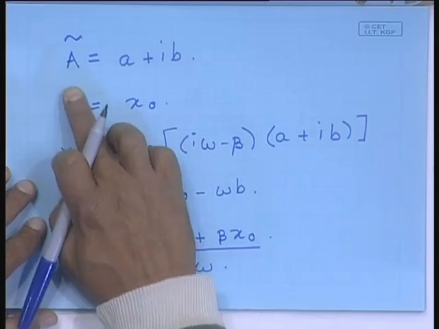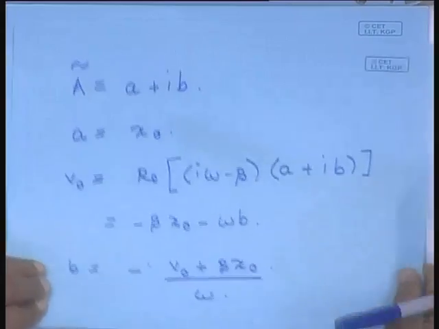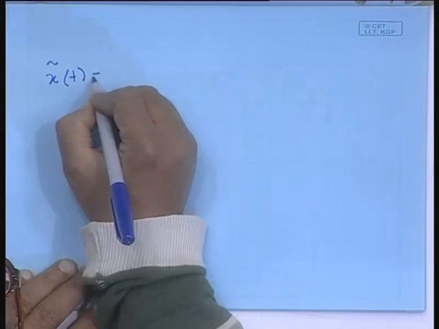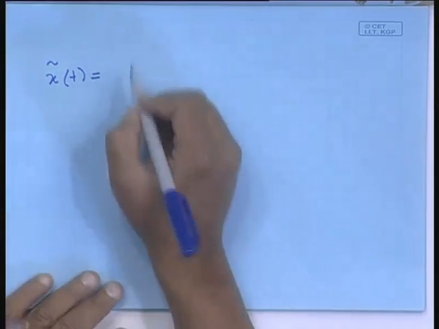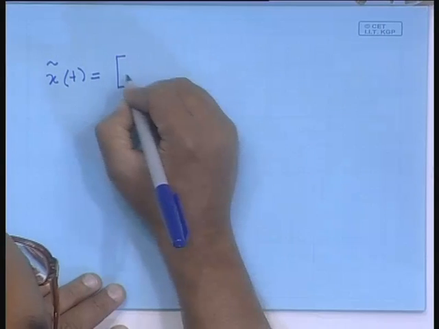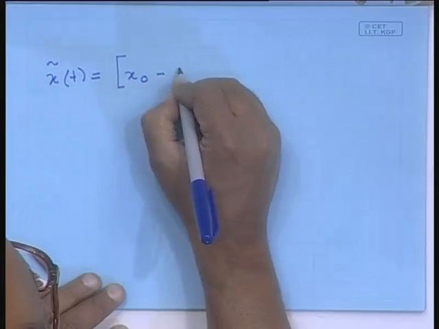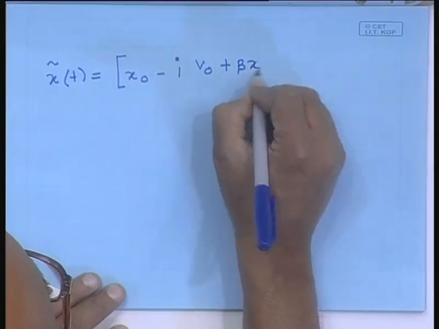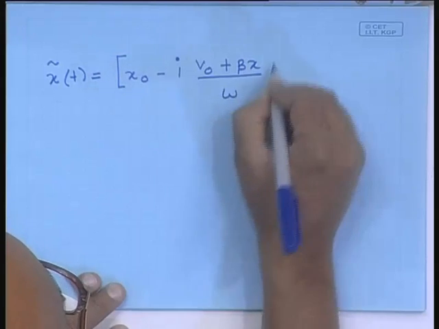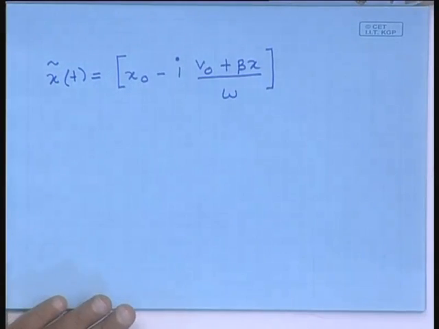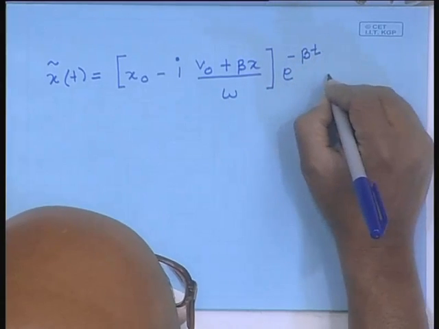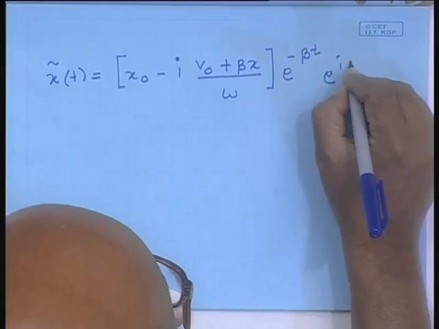So, now we have A tilde in terms of the initial conditions. We can put this back into the expression for x tilde. So, what we have is x tilde of t is equal to A tilde, which is x naught minus i into (v naught plus beta x naught) by omega, that is the whole of A tilde, into e to the power minus beta t e to the power i omega t.